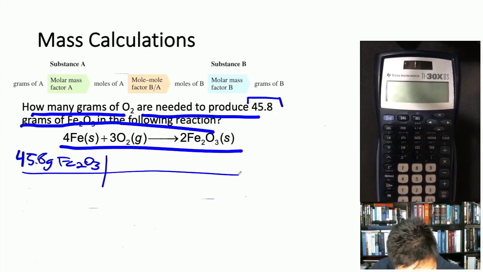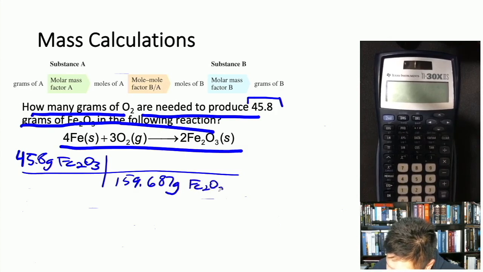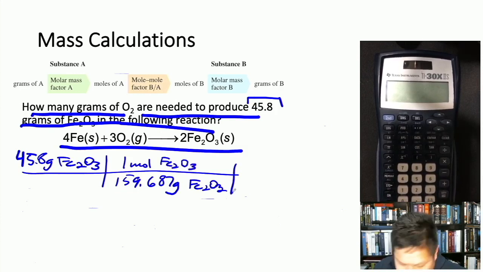So that's 159.687 grams of iron oxide, right, of iron oxide, for every 1 mole of iron oxide. Okay, cool.